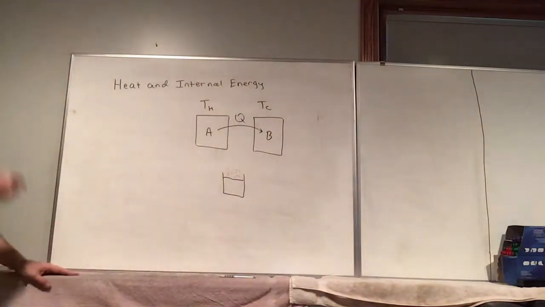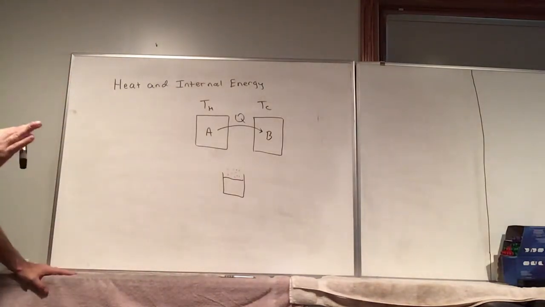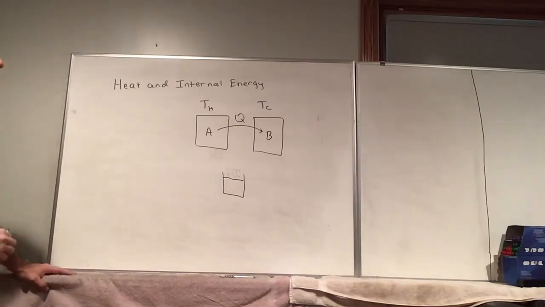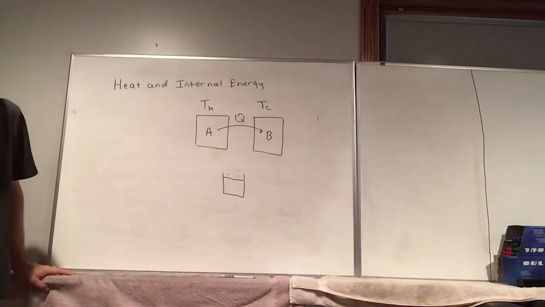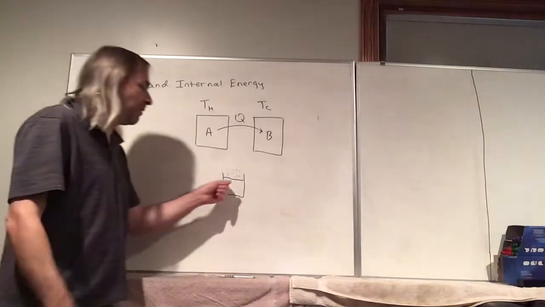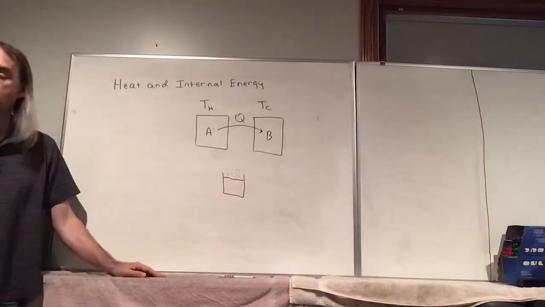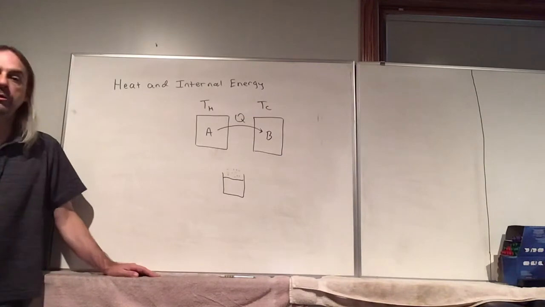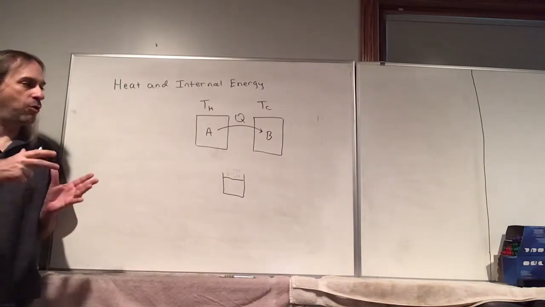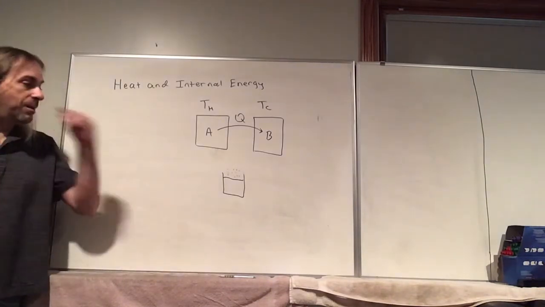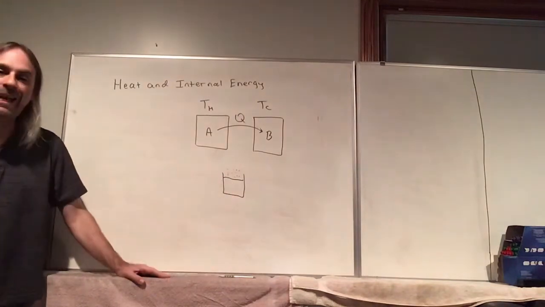But in general, the internal energy is the sum of all the energy of the parts of the system. In this case, the sum of the energy of every molecule in the cup of water is its internal energy. So the cup can have a lot of internal energy, but we wouldn't say it has a lot of heat.